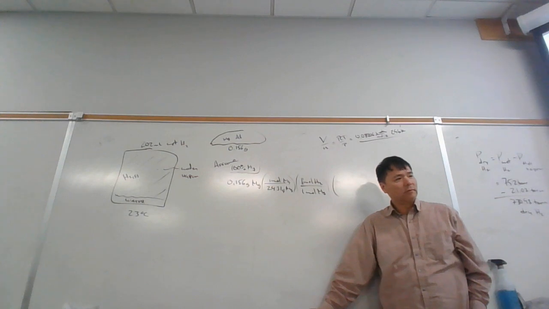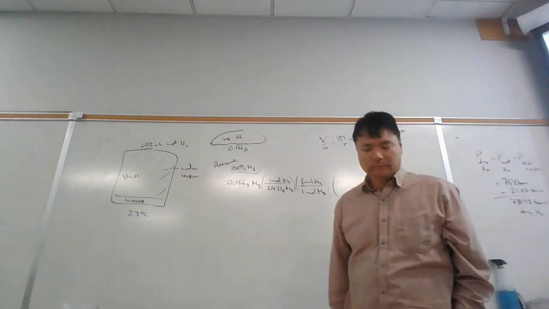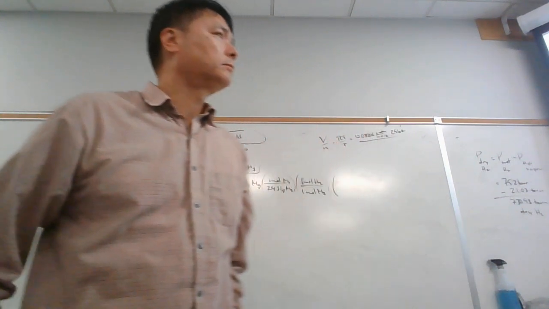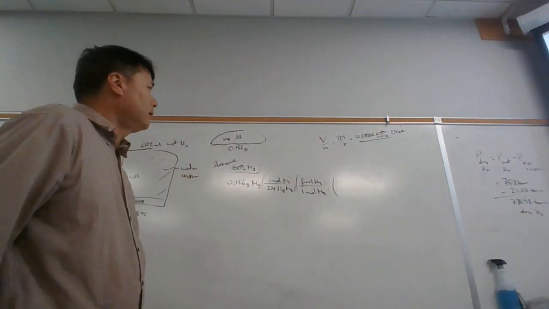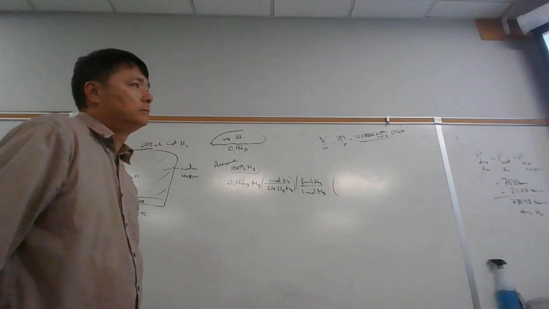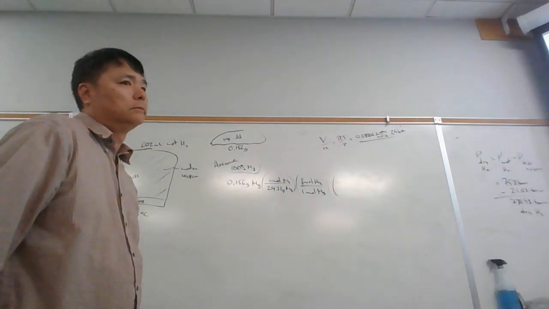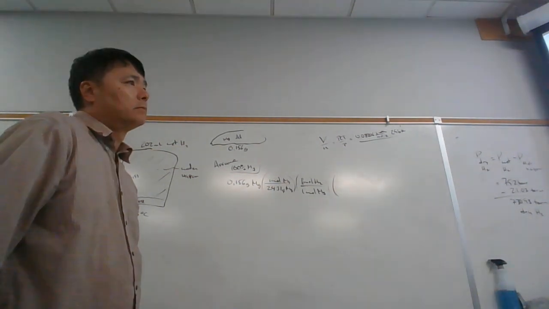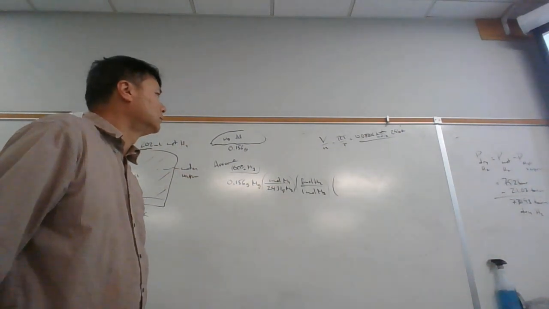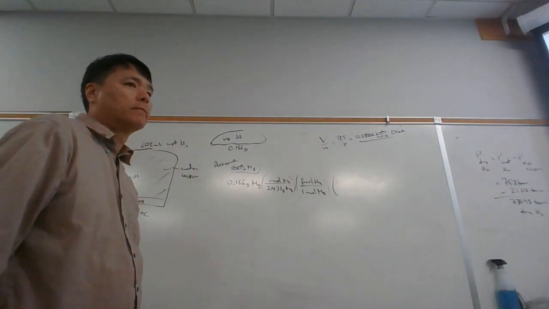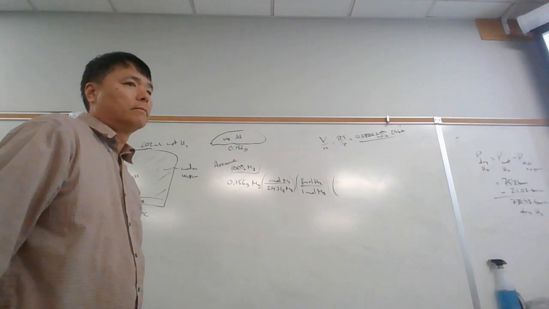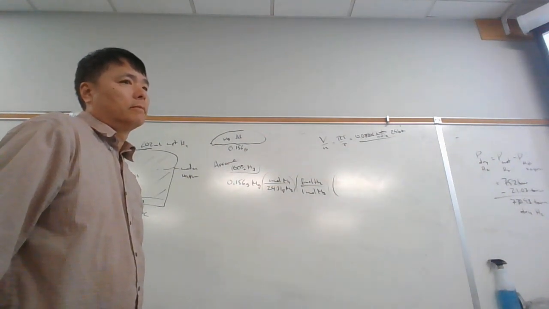But for this one, to get moles of H2, I used the ideal gas law. Oh, sorry, I didn't use the grams. I used 202 milliliters. And then from moles of hydrogen, I got grams of magnesium and grams of aluminum, and I used that with the graph.